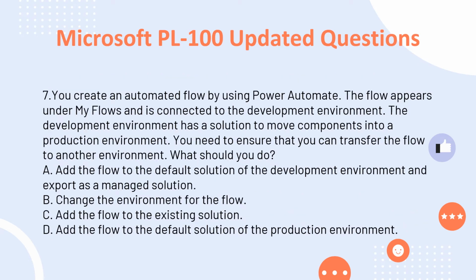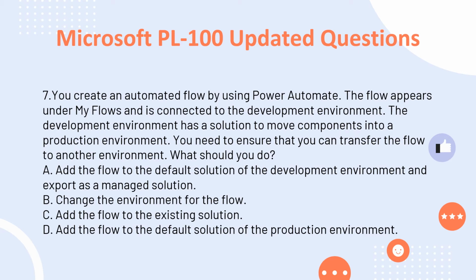7. You create an automated flow by using Power Automate. The flow appears under My Flows and is connected to the development environment. The development environment has a solution to move components into a production environment. You need to ensure that you can transfer the flow to another environment. What should you do?